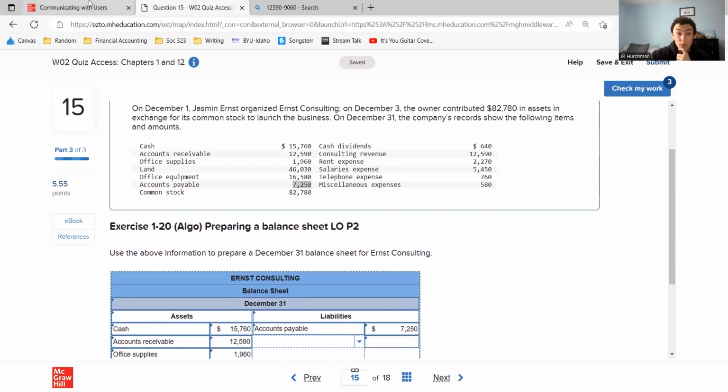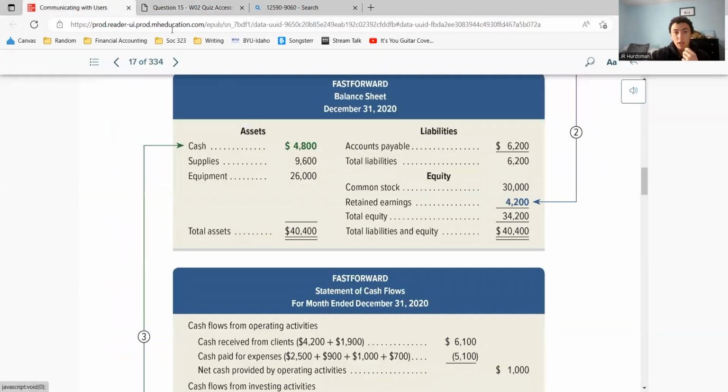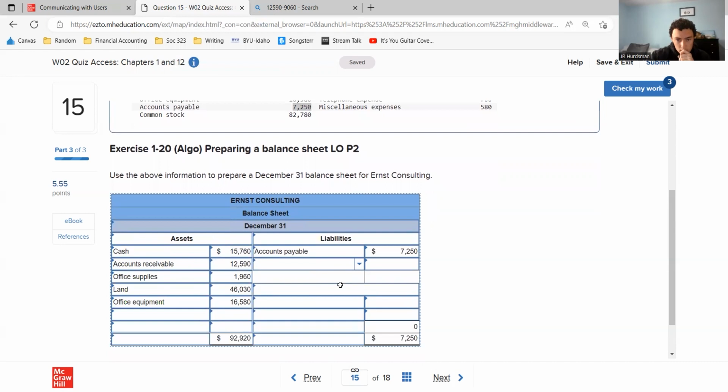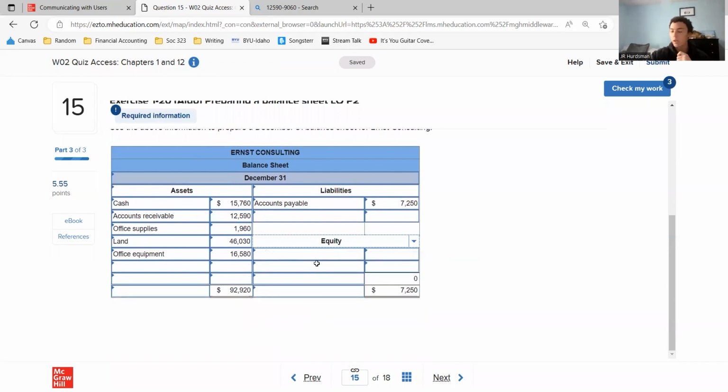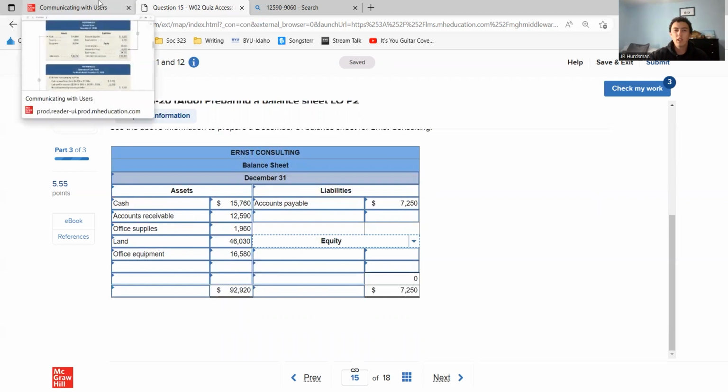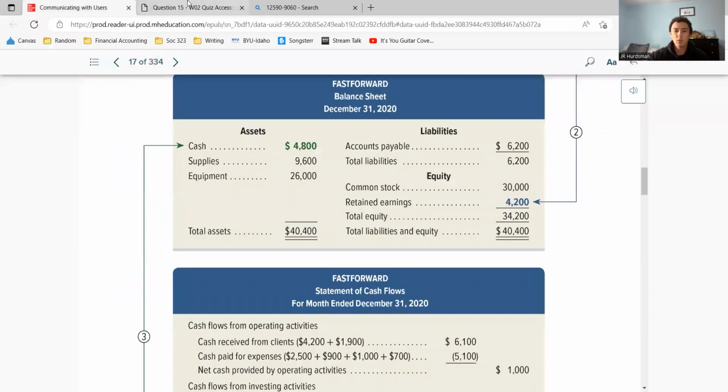So I'm just going to move on to the next one, which is equity. So we're going to skip these boxes, come right here. Equity. And equity is basically the owner's claim on assets. So it's like what the owner owns. So usually these are like stocks and shareholder, I believe, or something like that.